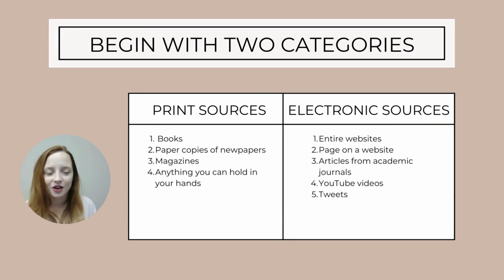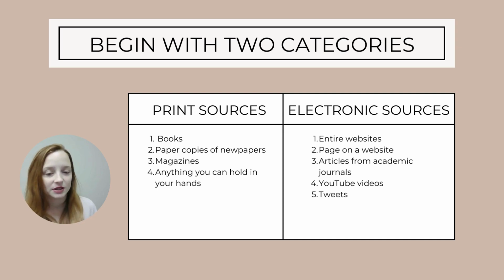So when we are thinking about the different types of citations, I like to think of it as two different categories. You have your print sources, and then you have your electronic sources. In your print sources, these will be things like books, paper copies of newspapers, magazines, and basically anything that you can physically hold in your hands.